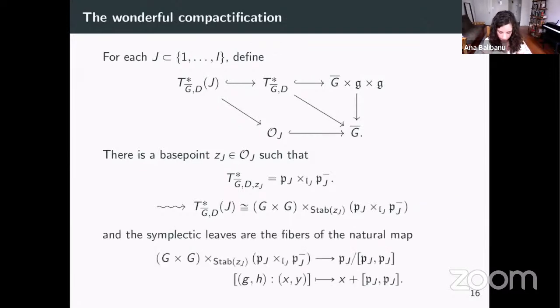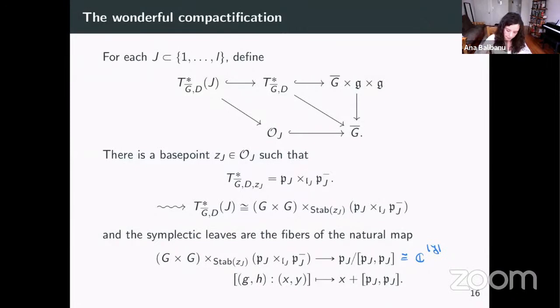And then, in fact, the symplectic leaves that are contained in this pullback to OJ are just the fibers of the natural projection map where I take a point in this bundle and I project the first component in the fiber to the quotient of the parabolic modulo its derived subalgebra, which is just an affine space of dimension the cardinality of J. And I just want to make a remark that I've given this characterization of the symplectic leaves and it looks kind of not symmetric because why do I use only X and I don't care about Y?